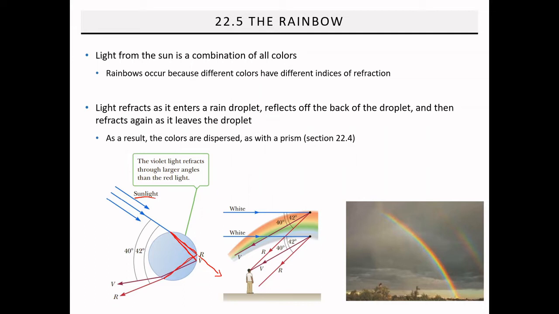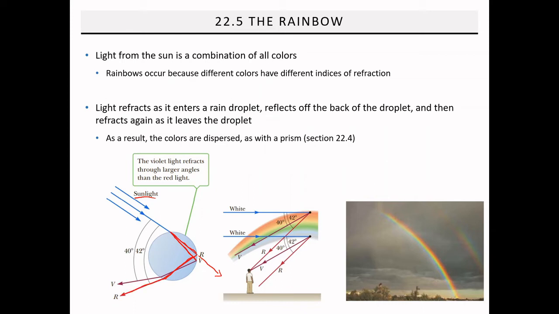Remember, when light crosses from one medium to another, you always have some reflection and some refraction. So in this case, you have some light that reflects inside the raindrop. That goes back toward the front of the raindrop, and then that light, as it crosses back over into the air, refracts again.